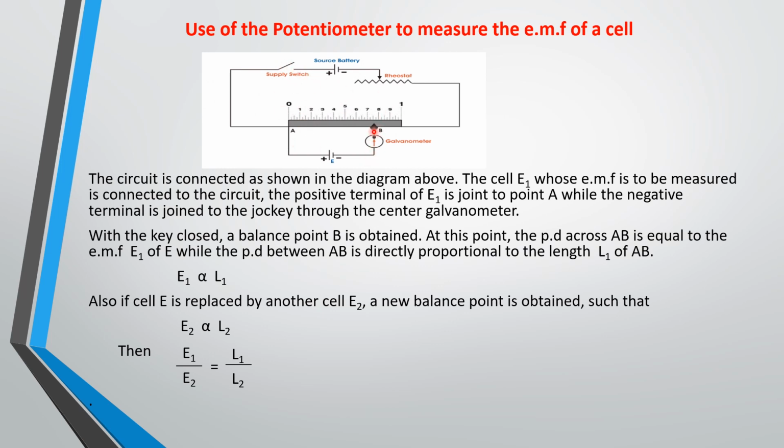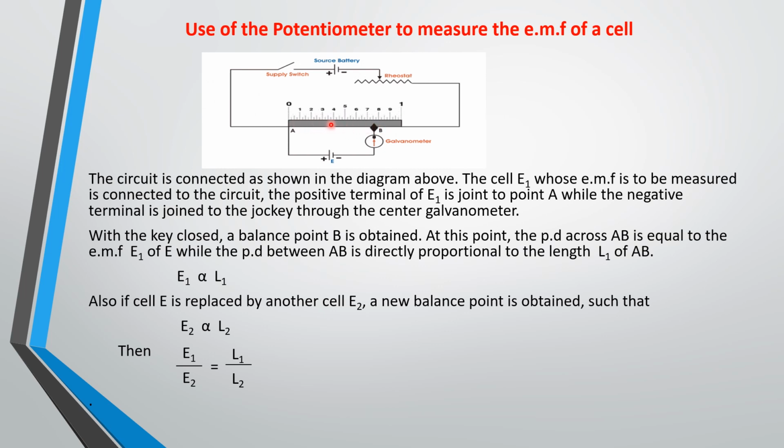So you begin to move the jockey on the wire, touching it, while you look at the deflection on the galvanometer, until you get a zero deflection. Once you get a zero deflection, that point is known as the balance point. From there you will now take your readings.